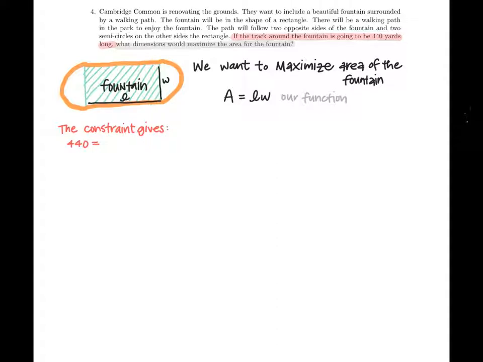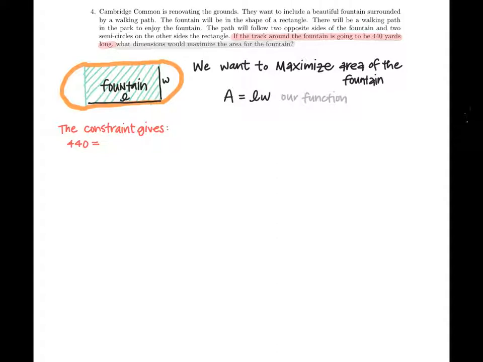Okay, so how do we take the statement that the track around the fountain is going to be 440 yards long and put it into a mathematical equation? Well, it means that 440 is going to be this length and this length and this length and this length all added together. So the more straightforward part is the 2L lengths.